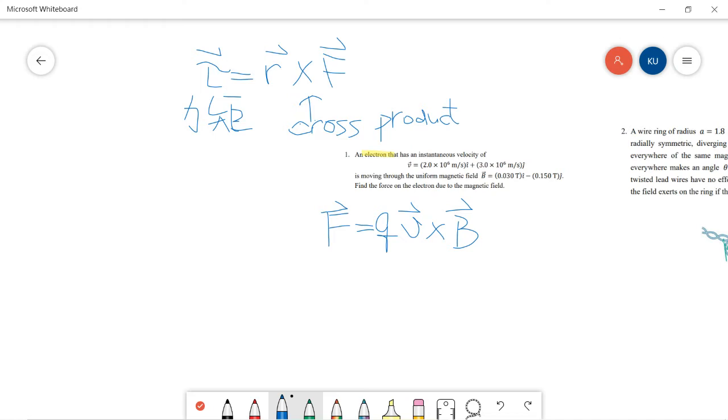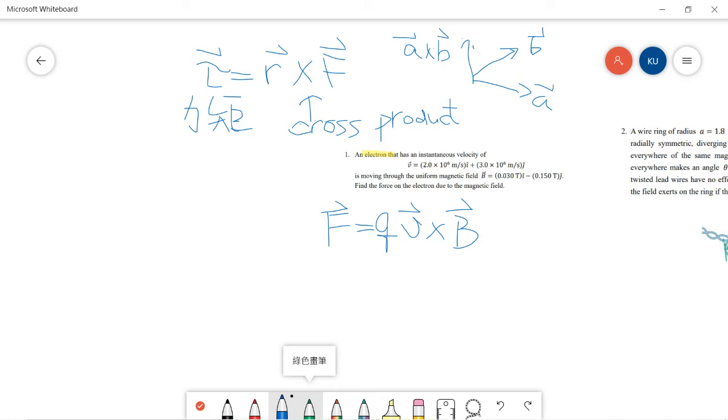So in the slides, mainly you know that if we have a vector A and vector B, for the cross product you can use the right hand rule, so that A cross B should point in this direction.